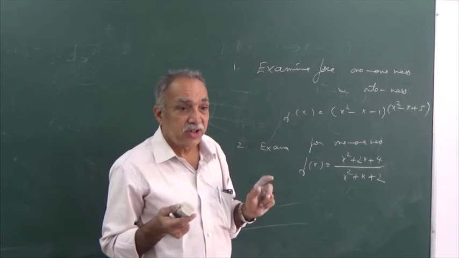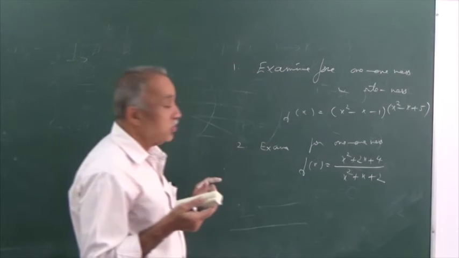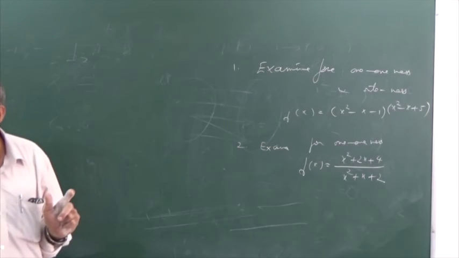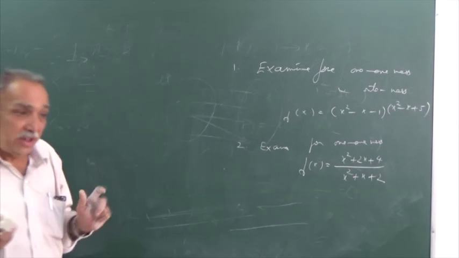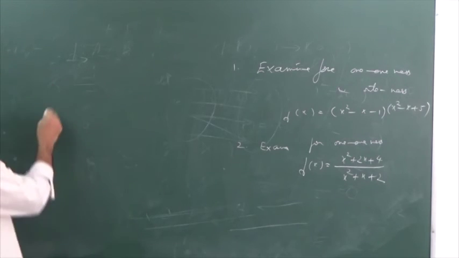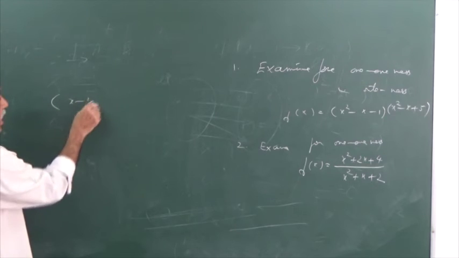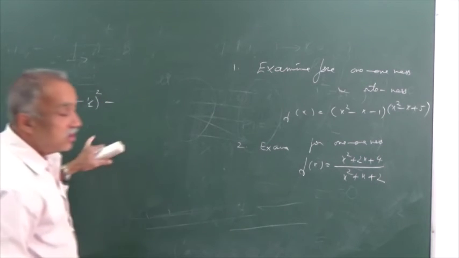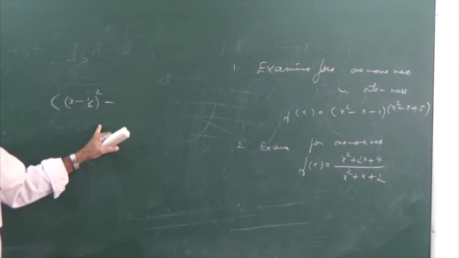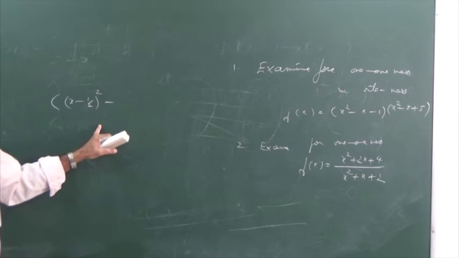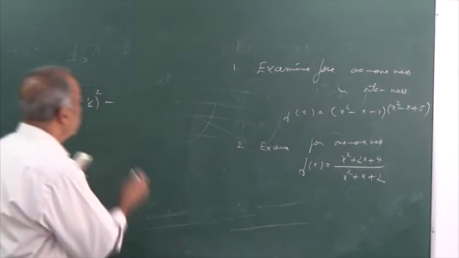What about ontoness? Does the function cover all values from minus infinity to infinity? Let me apply the completing squares method. x square minus x is x minus half whole square minus 1 by 4.